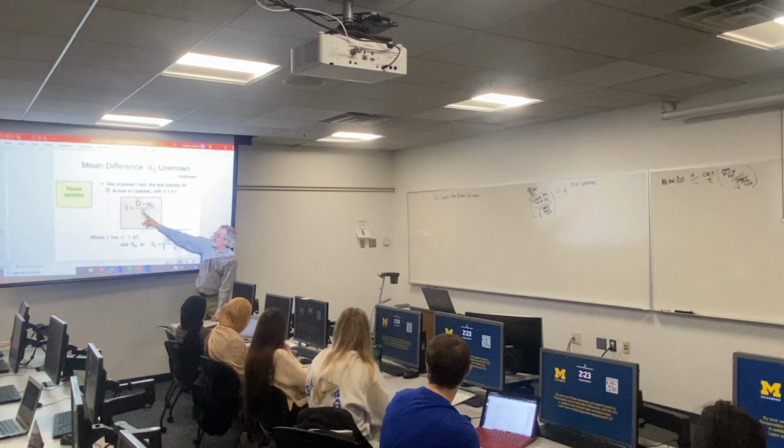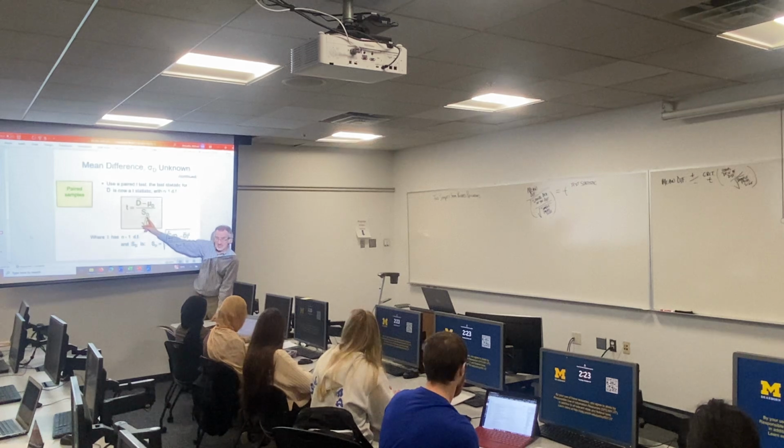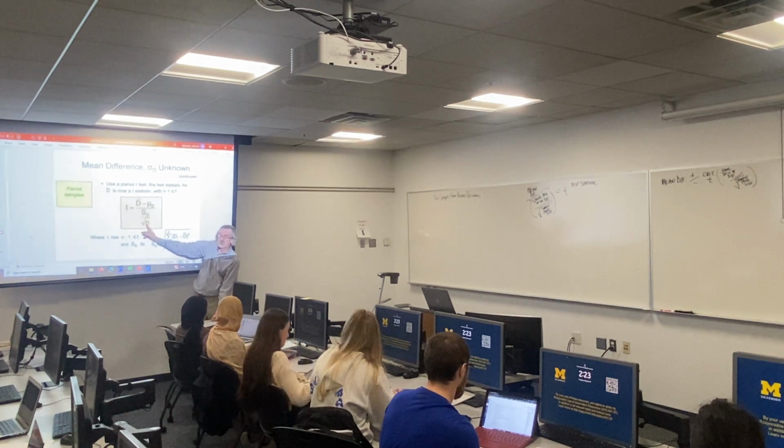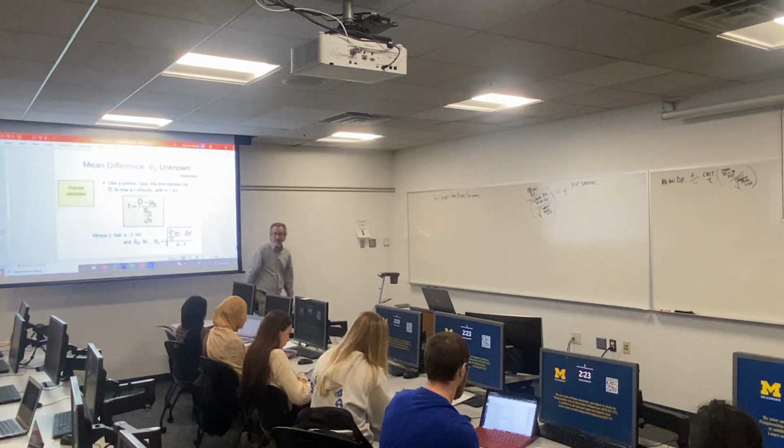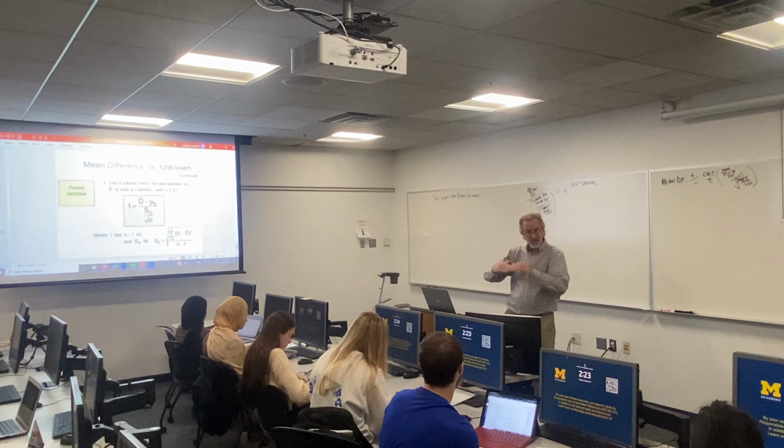Now this is an S instead of that population symbol. It's the sample symbol. Standard deviation of the difference. That's what that D means. Standard deviation of the difference, which I'm going to teach you how to calculate. That's divided by the square root of the number of pairs, not the sample size. How many pairs are being looked at?